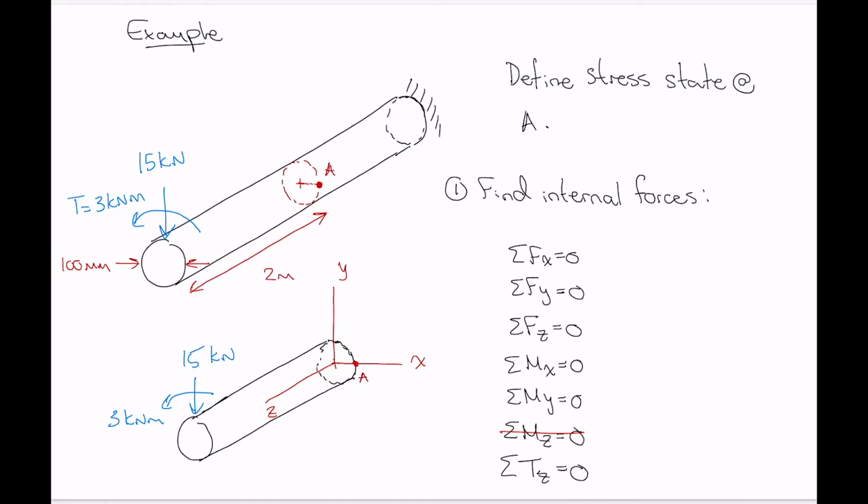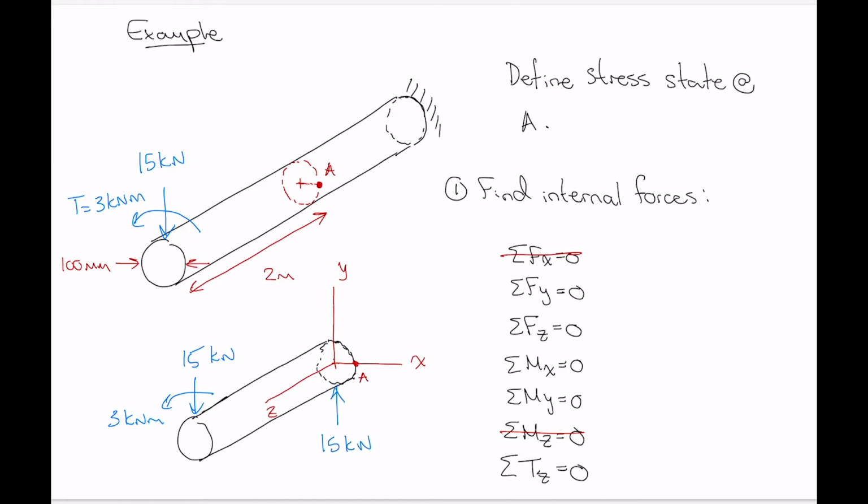Okay, so let's start with x. No applied forces in the x direction, so there's not going to be any internal forces in the x direction. So we've got 0 equals 0 already, so we don't need to worry about anything there. Sum of the forces in the y direction. We've got 15 kilonewtons down, so we need to have 15 kilonewtons upward.